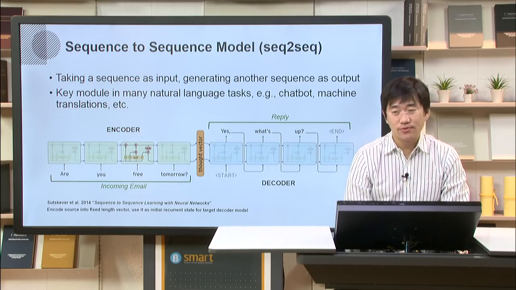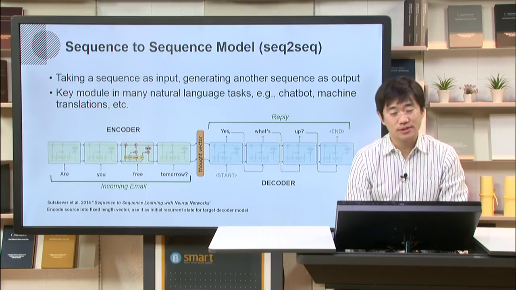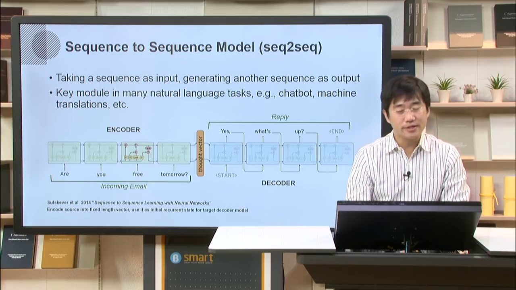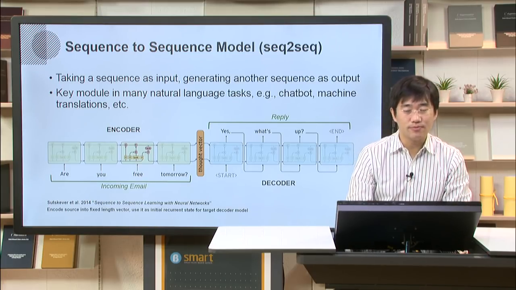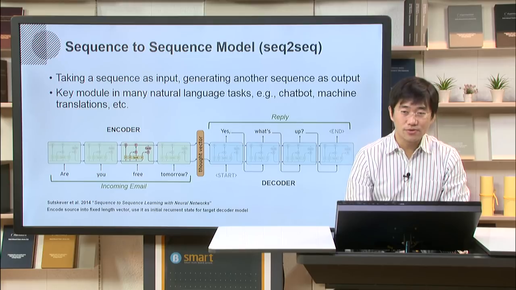Now let's turn to a slightly different model called sequence to sequence. In this model, unlike the image captioning model, where we take the input as an image and then generate a sequence of words, here we also take the input as a sequence.